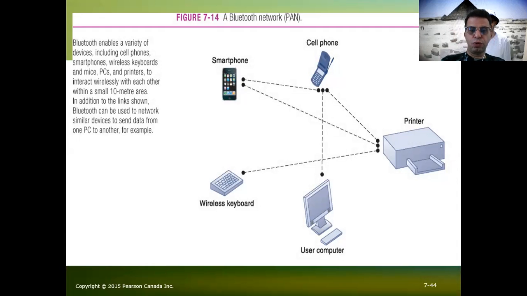Bluetooth enables a variety of devices, including cell phones, smartphones, wireless keyboards, and mice, PCs, and printers, to interact wirelessly with each other within 10 meters. You have a Bluetooth wireless headphone or speaker, and every mobile has Bluetooth.